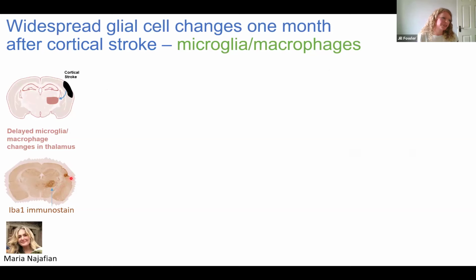And this is from a section from an animal that survived 1 month after the cortical stroke. But in fact, you can see that the focal area where we get lots of microglial reactivity 1 month post-stroke is actually in the thalamus, and this is an area anatomically connected with the stroke lesion in the cortex.